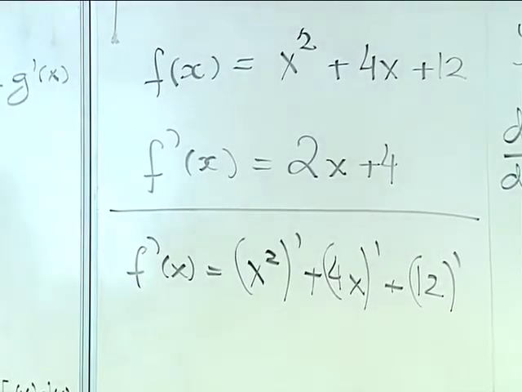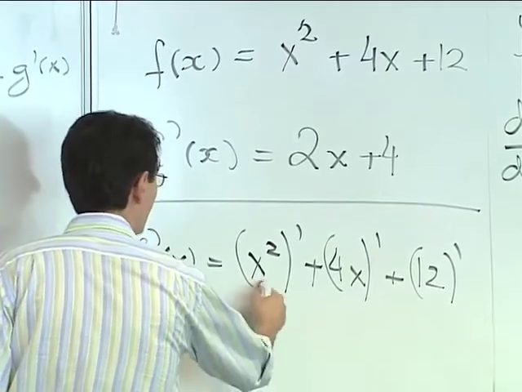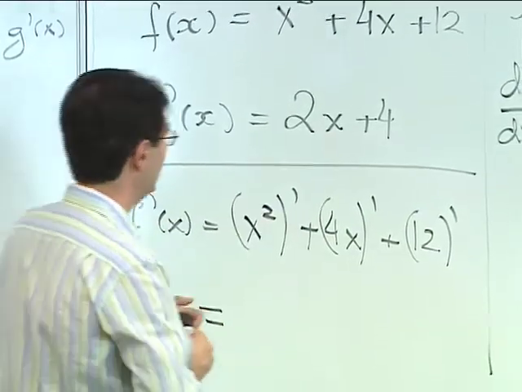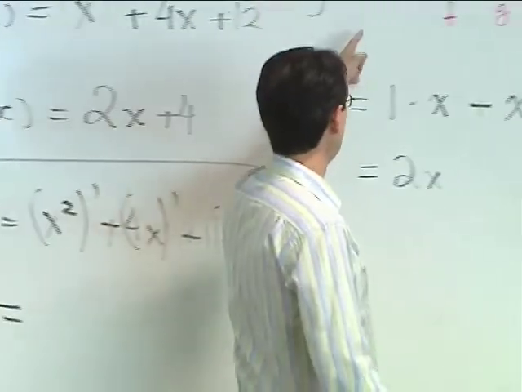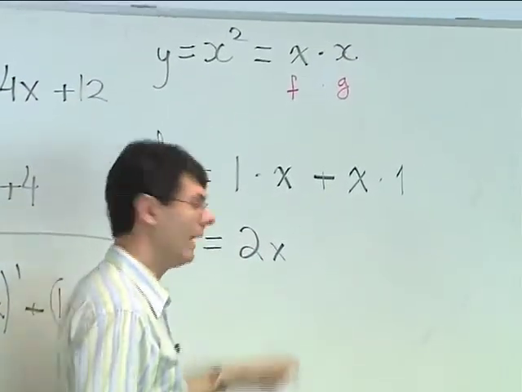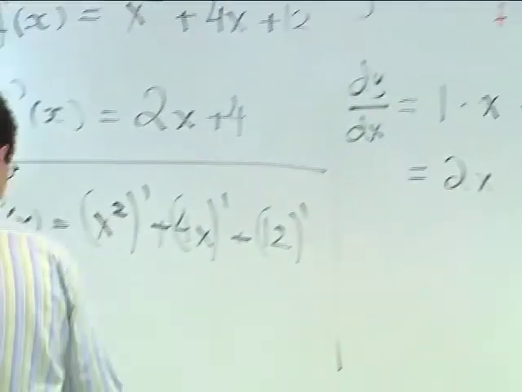So far? Okay. What's the derivative of x squared? Oh, gee, by golly, I already did it right there. The derivative of x squared was 2x. So this is 2x.